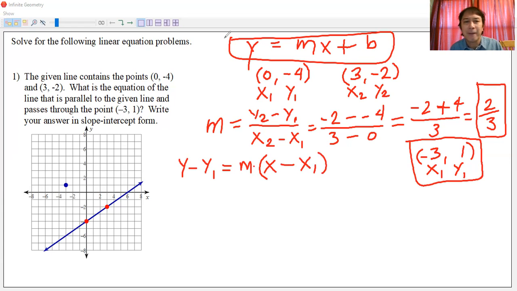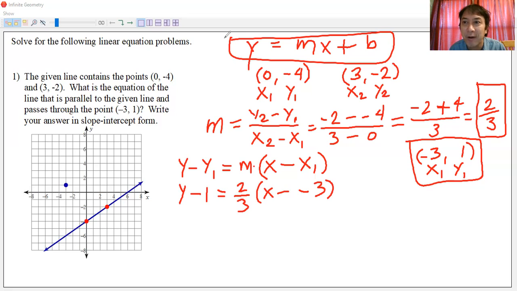So y minus 1 equals m, which is our 2/3, multiplied by x minus x1. Our x1 is -3, so after the minus in the formula, this will be a -3. This form of the equation is what we call the point-slope form.